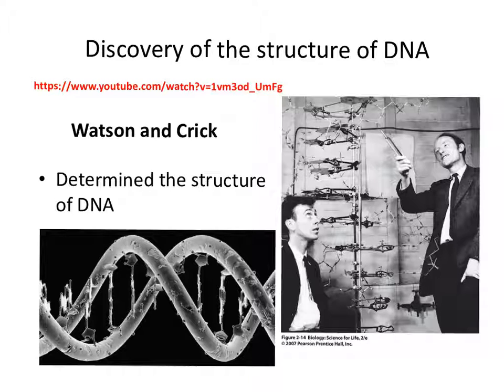And there were other labs focusing on this too, but they were the first to do it and received the Nobel Prize for it. And then later, Francis Crick worked out the genetic code of the DNA in terms of how DNA was transcribed and translated into proteins or amino acids, which make up proteins.